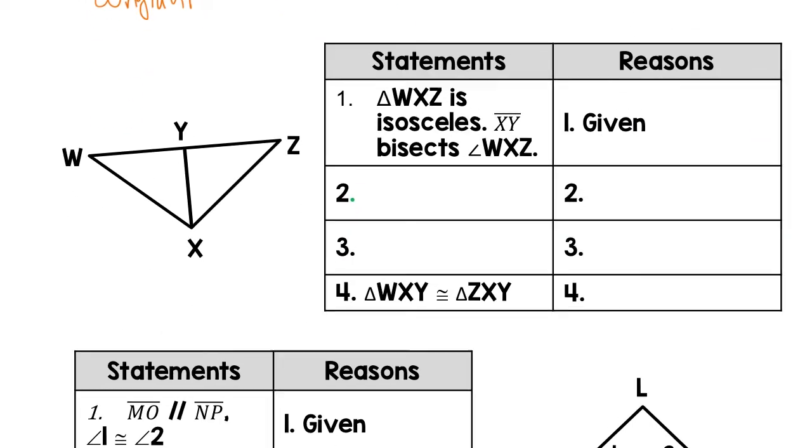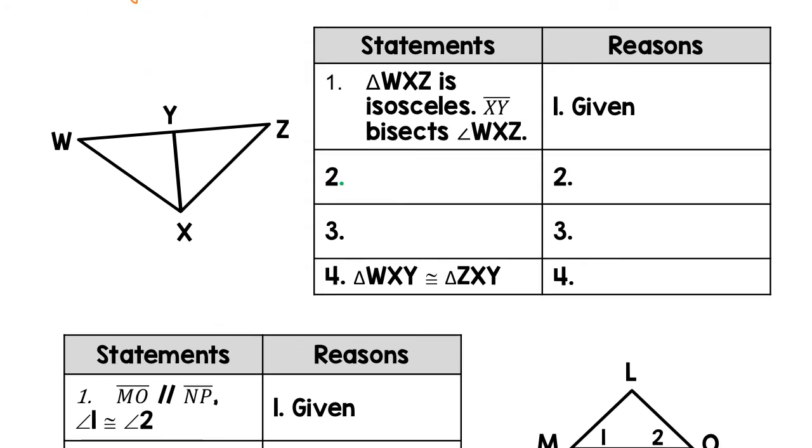Let's practice a proof here. We're given triangle WXZ is isosceles, and segment XY bisects angle WXZ. That's our given. Well, first thing we're going to look at is this bisector part. If we know something is a bisector, we have to explicitly describe what is being bisected.